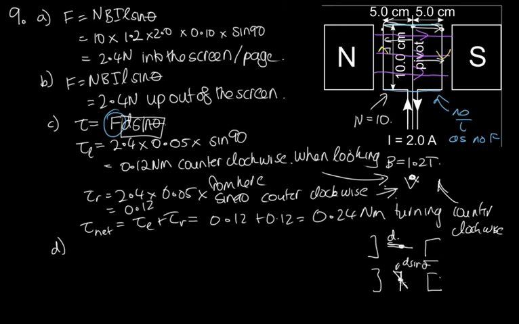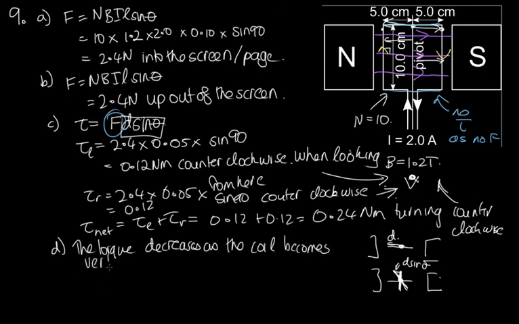So when it's turned in that direction, you can see this has d sine theta is equal to d. Here d sine theta is getting smaller, and here d sine theta is actually 0. The horizontal distance from this axis is 0. So the torque decreases as the coil becomes vertical.